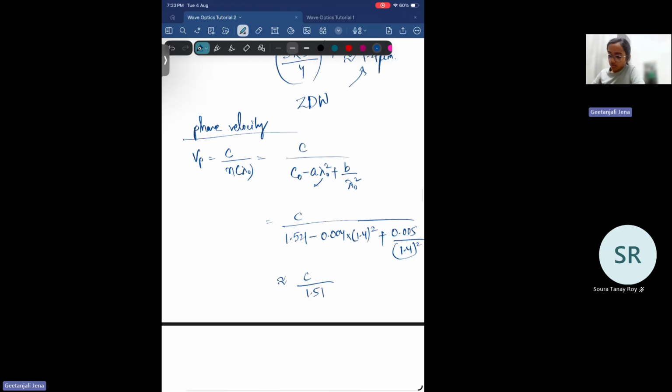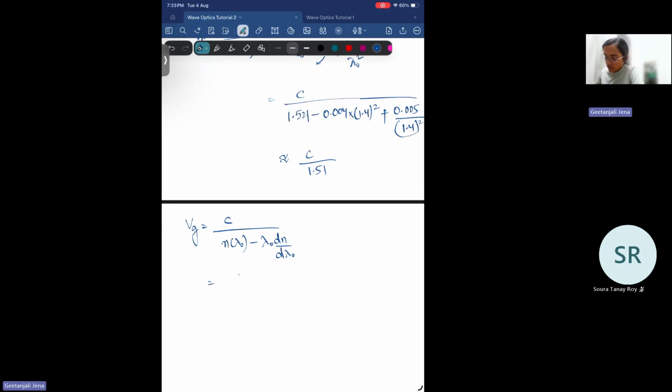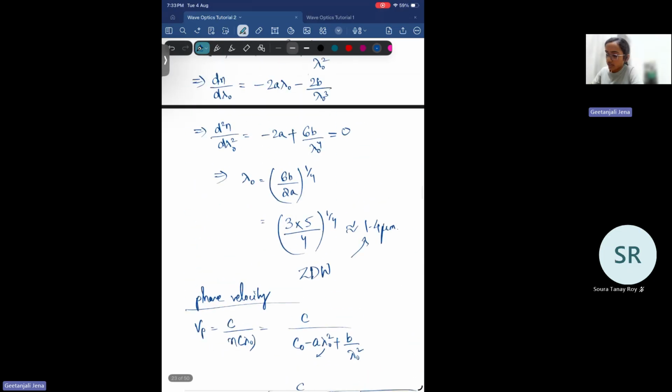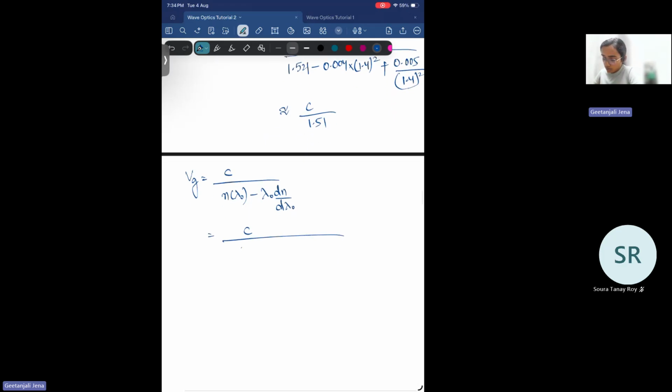For the group velocity, you can use C by n of lambda 0 minus lambda 0 dn over d lambda 0. So you just need to put the expression. dn over d lambda 0 we have already calculated. This is the expression. So put it, and you will get C0 plus A lambda 0 square plus 3B over lambda 0 square.